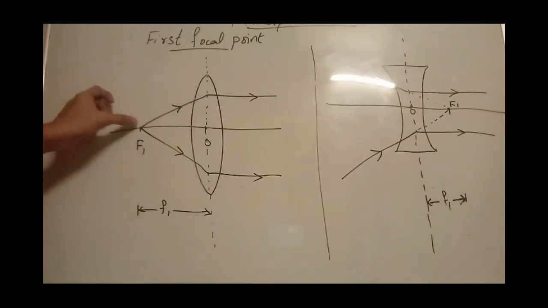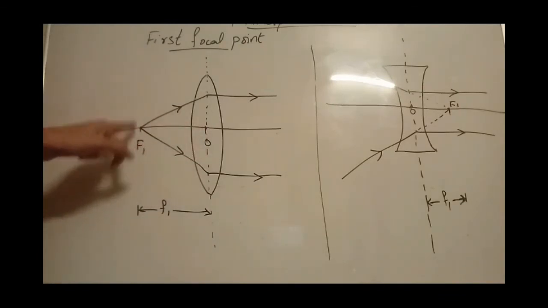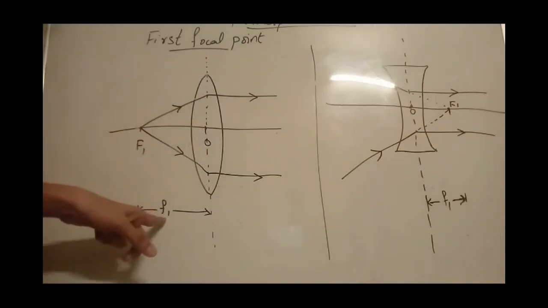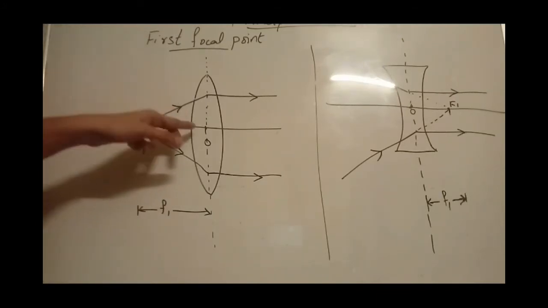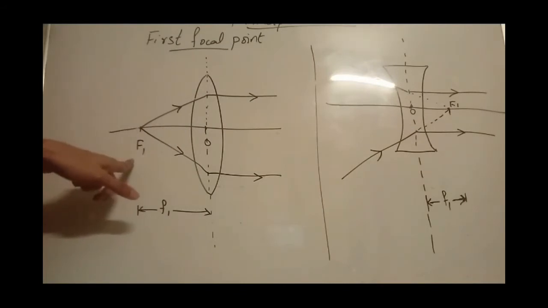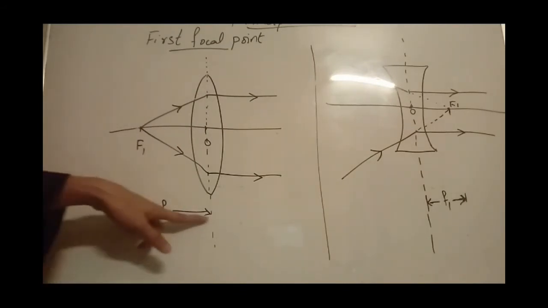The distance between this first focal point and the optic center O, that is OF1, we name the first focal length of the convex lens.